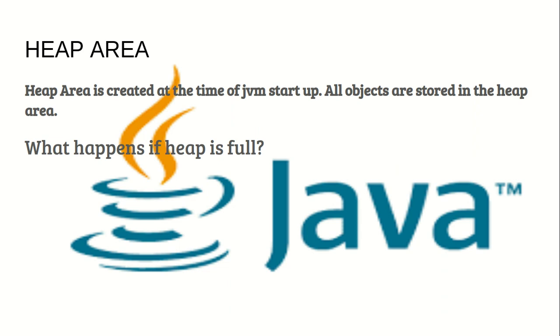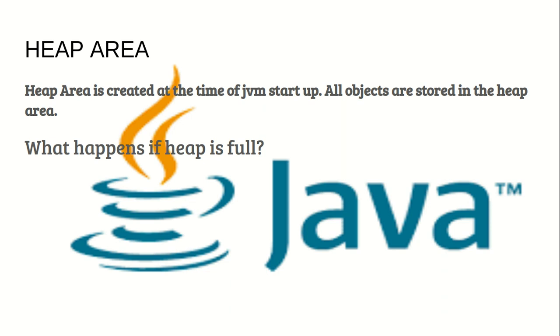Heap area. Now the heap area is one of the most important memory areas that you should know as a potential Java programmer or as a professional Java programmer. This is the area that you should know inside out, because this is where most of the interview questions arise, and also most of the problems that arise in your code in terms of performance or resource usage arise because of this part of the memory area.